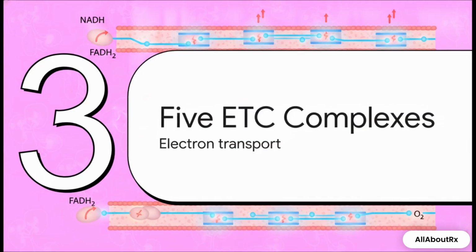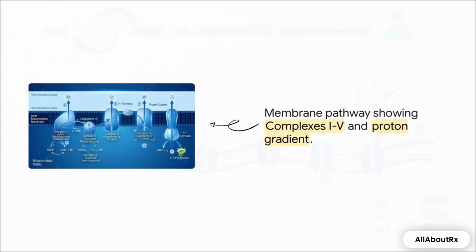Okay, Section 3, the 5 ETC complexes. With our spatial map established, let's dive into the distinct enzyme complexes that actually do the heavy lifting here. So the inner mitochondrial membrane houses an assembly of 5 separate enzyme complexes. Complexes I through IV handle the actual electron transport, while complex V uses the resulting proton gradient to catalyze the synthesis of ATP.